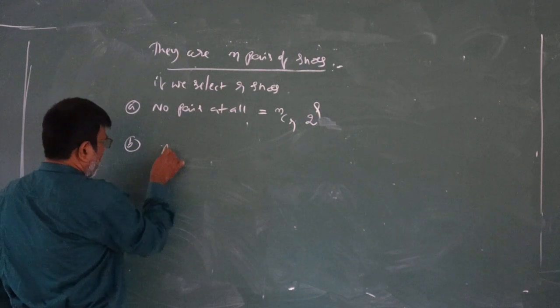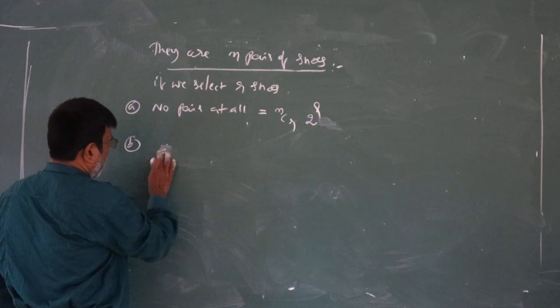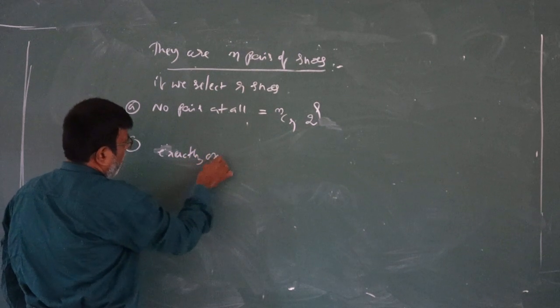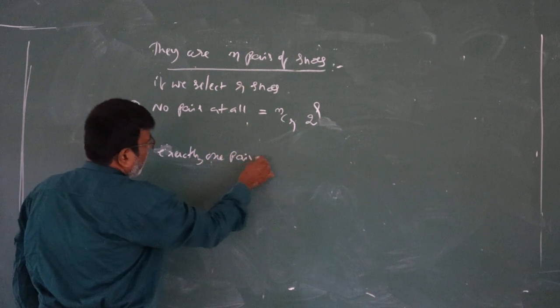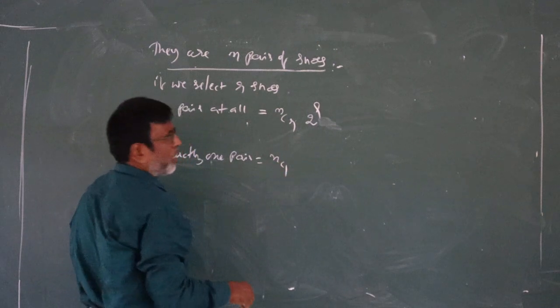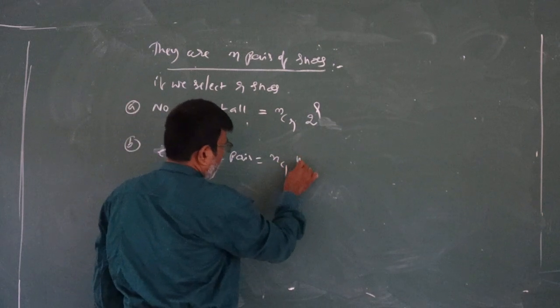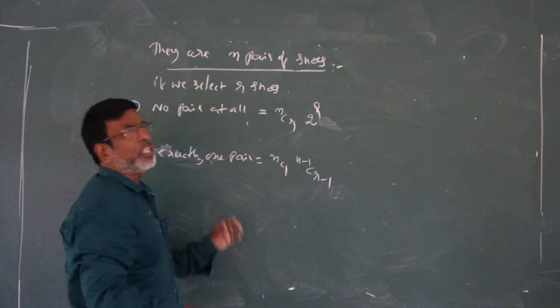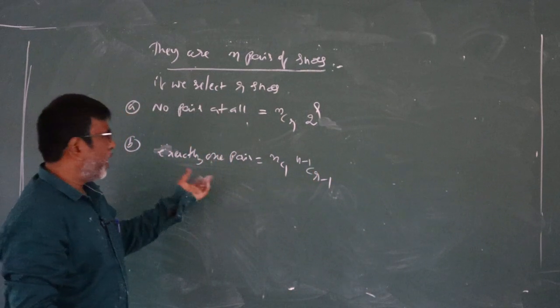Now exactly one pair. It is nothing but NC1 taken, so one pair is there. Then (n minus 1)C(R minus 2). So 2 shoes taken already.